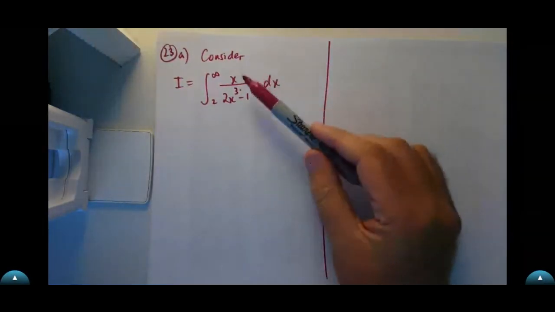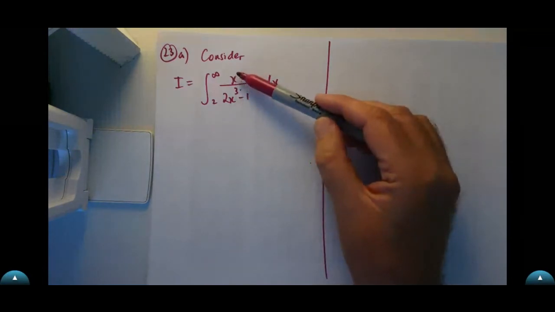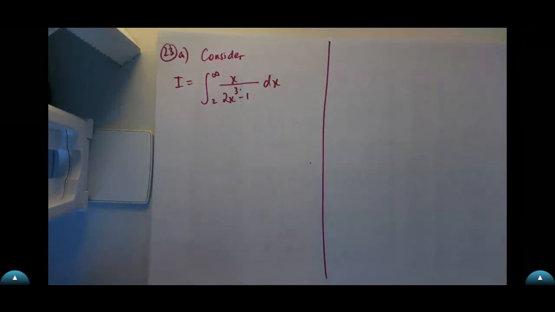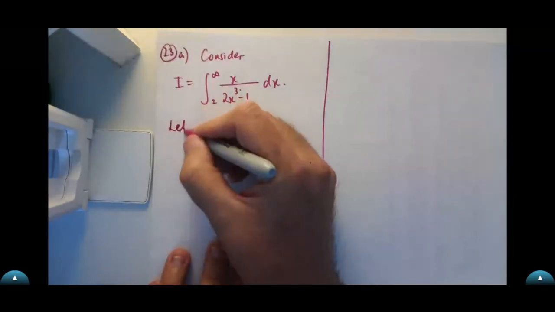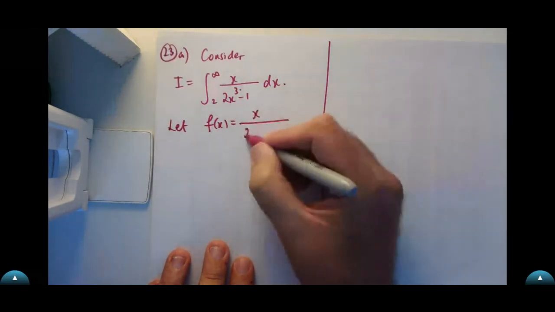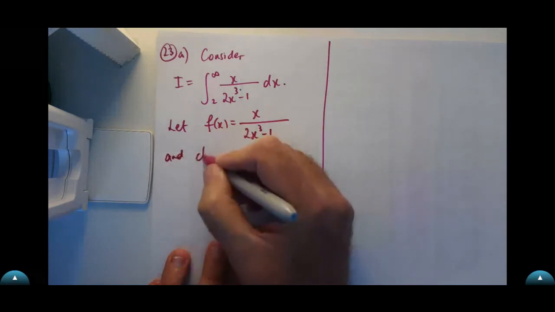Okay, and if you see, well, the -1 isn't going to change much, so x over x squared, x cubed will give you something like 1 on x squared. Okay, so let f of x... So how does this limit form of the comparison test work? This is how you do it.